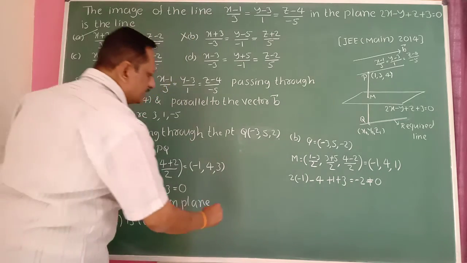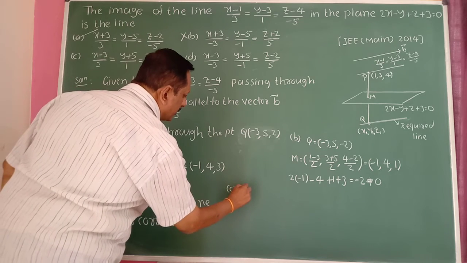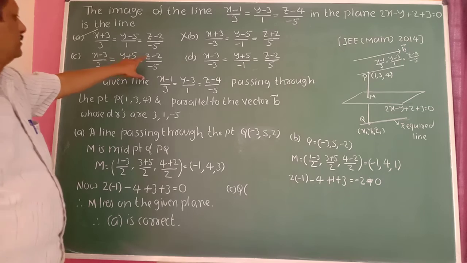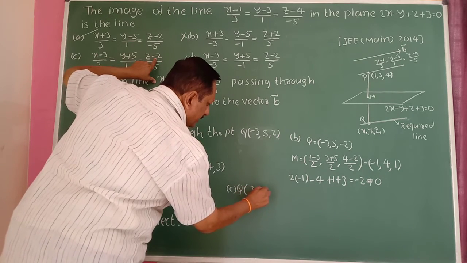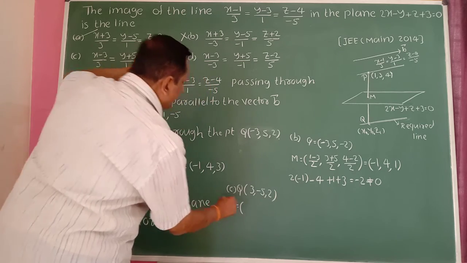Even we can check the third option. The coordinate of Q is (3, -5, 2). Then find the midpoint.